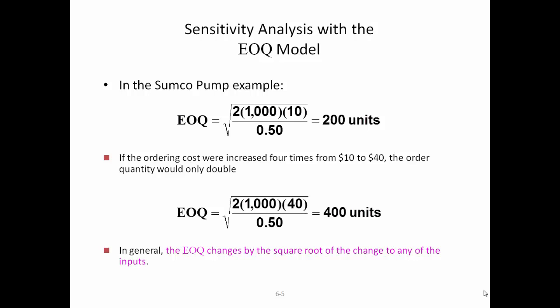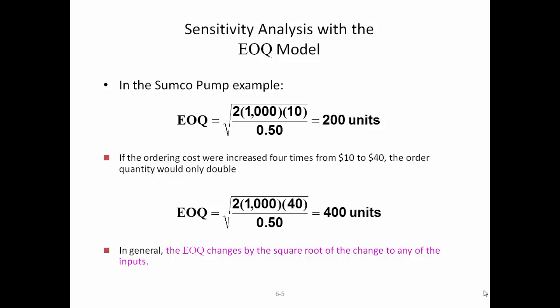In our Sumco pump example, we computed the economic order quantity to be 200 units. If the ordering costs were increased 4 times, that is, if it goes from $10 to $40, what happens? When we substitute the value of 40 in for 10, we get 400 units.